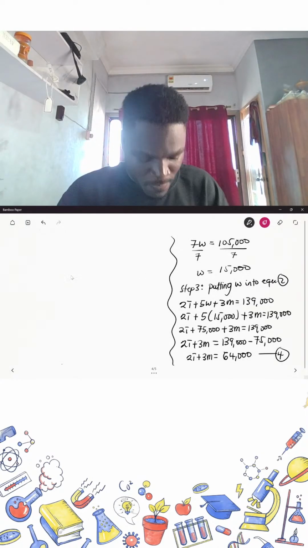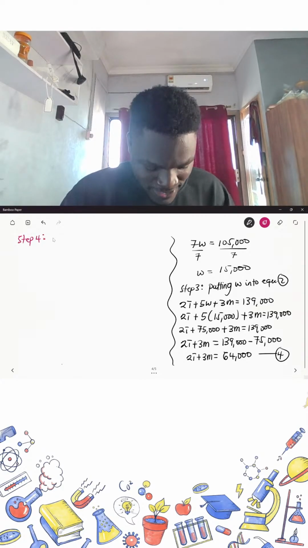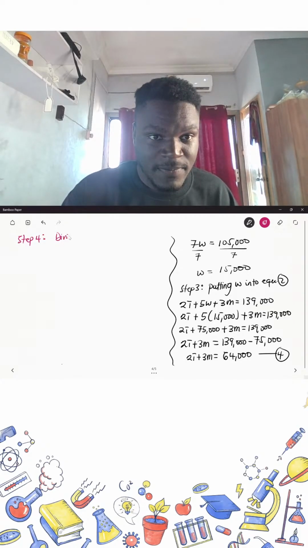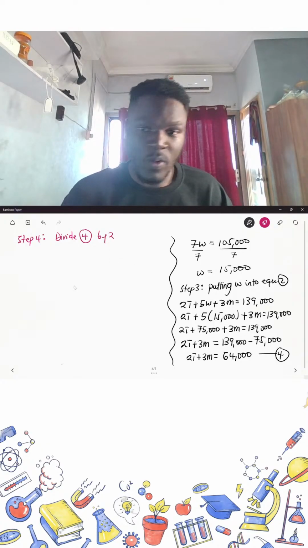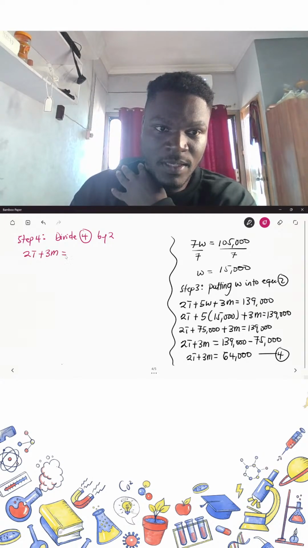So the next thing I'll do is step 4. I'll divide equation 4, my new equation, by 2. Equation 4 is 2t plus 3m is equal to 64,000.